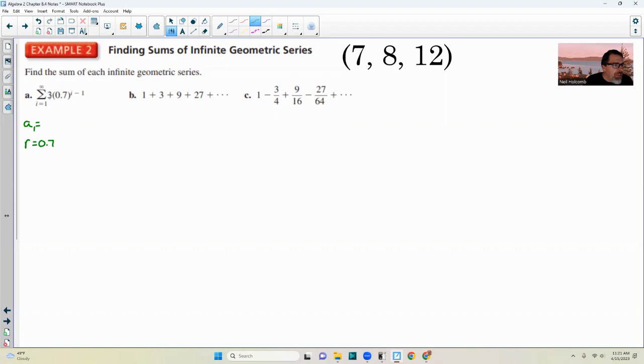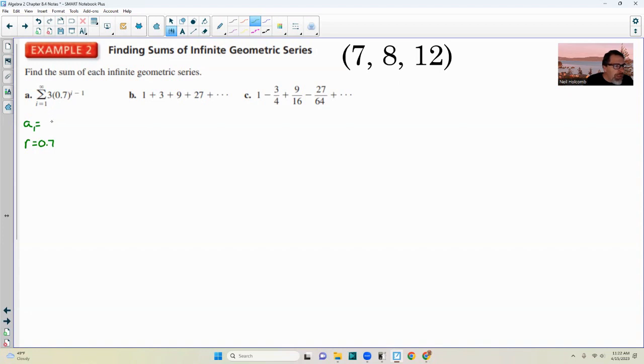The leading coefficient here is 3. If i was 1, 1 minus 1 is 0. 0.7 to the 0 is 1. 3 times 1 is 3. So when i is 1, we get 3. Okay, so that's the first thing we need to do. We want to find what a sub 1 is, and all we have to do is plug in 1.